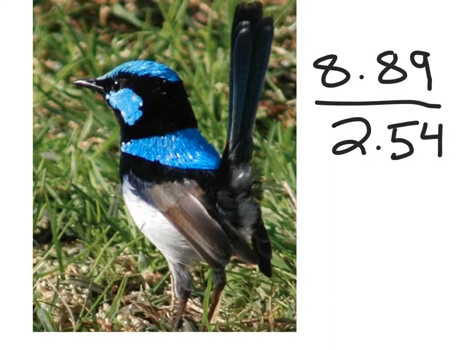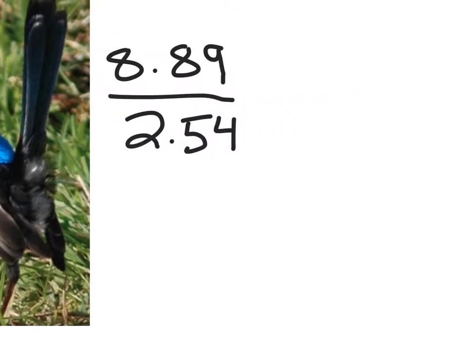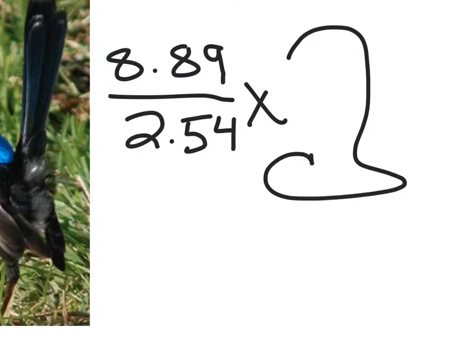So this is really a division problem where we're taking 8.89 and dividing it by 2.54. Now, as I have said many a time, your divisor really needs to be a whole number. So what I want to do here is multiply this by the giant 1, what a beautiful one that is.